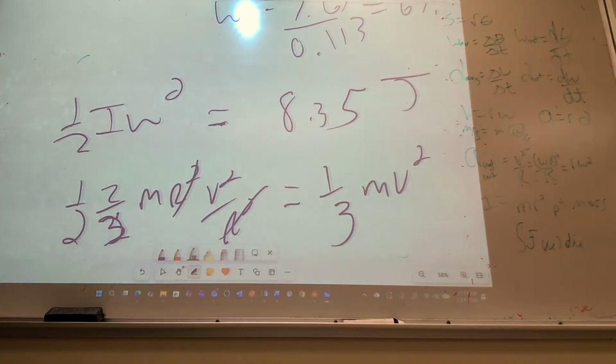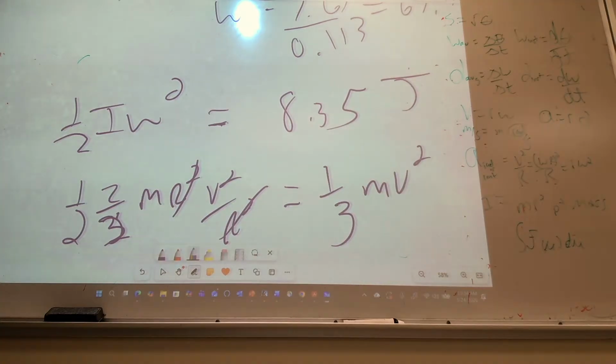So just start out writing your conservation of energy equation. This inertia is harder, but you have your equation for this inertia. They gave you the R's.